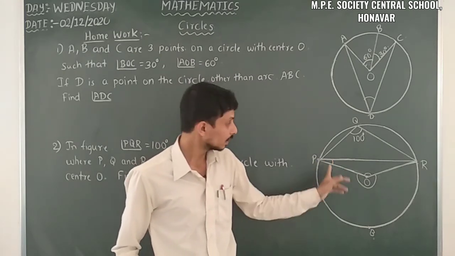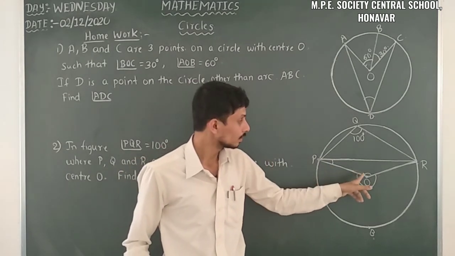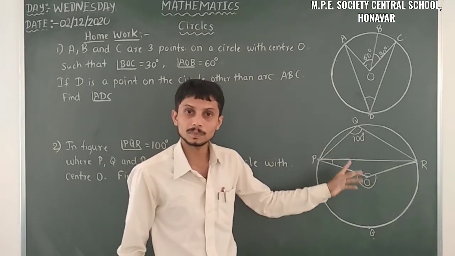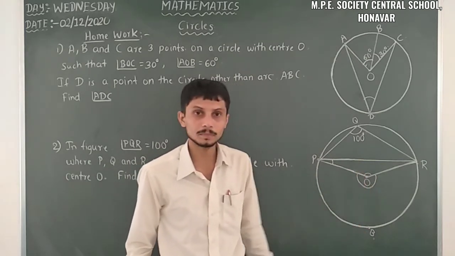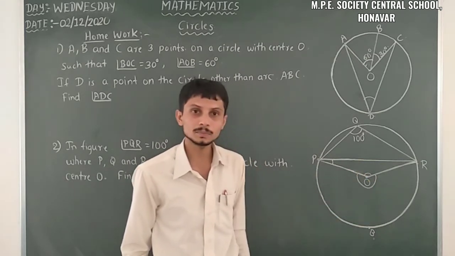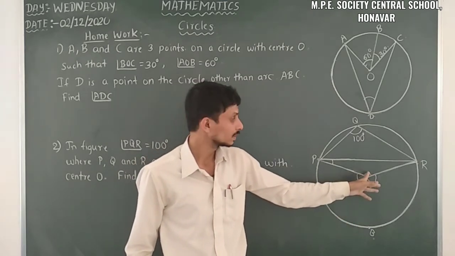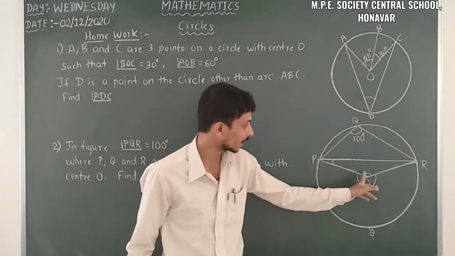But just observe, here we have a triangle, and in the triangle we don't have the value of any angle. But when we have this angle, we can find this angle also, because the angle around a point is 360 degrees. When we subtract this angle from 360 degrees, we get this angle.